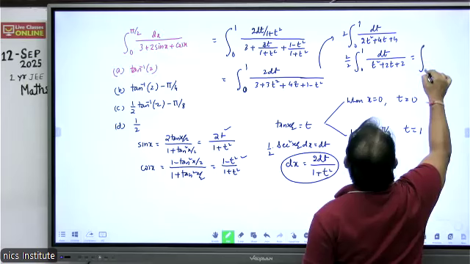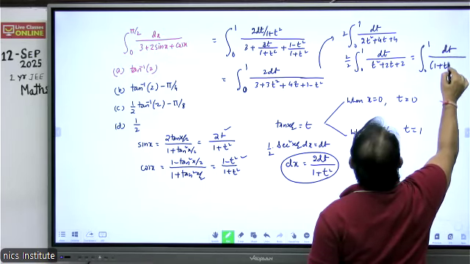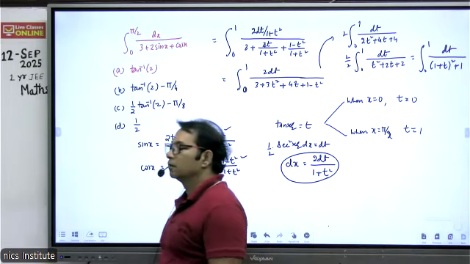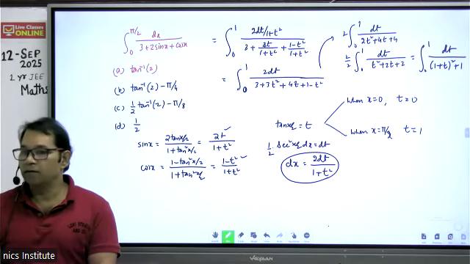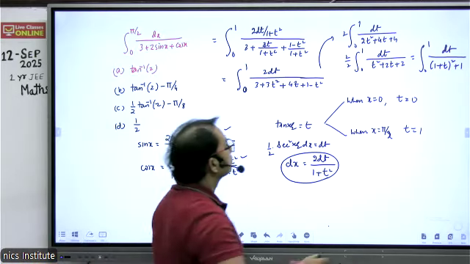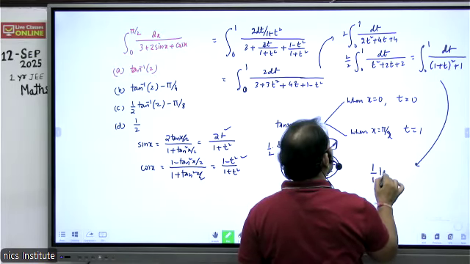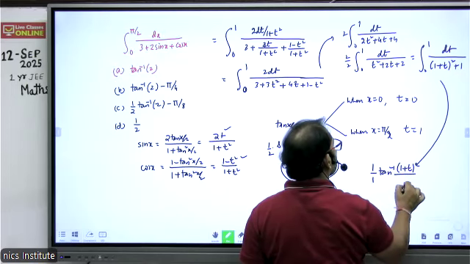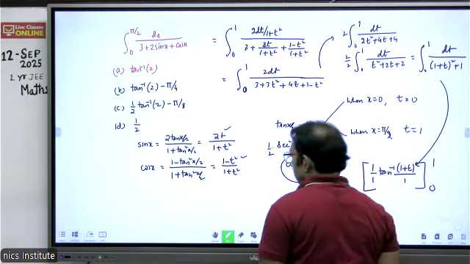So this is 0 to 1 dt over 1 plus t whole square plus 1. So now you use tan inverse formula. 1 by a tan inverse x by a. One by a tan inverse, limit 0 to 1.